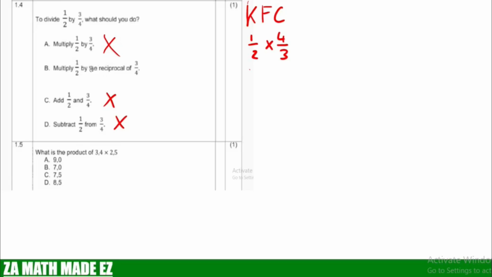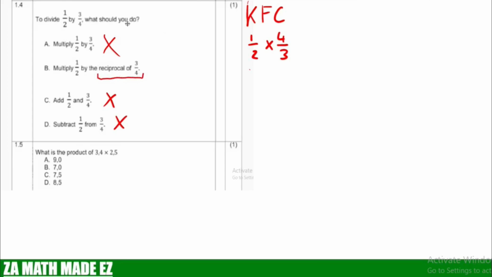Multiply a half by the reciprocal of 3 over 4. This is a half, and the reciprocal of 3 over 4 is 4 over 3. So this answer lines up with this answer. They just put reciprocal of 3 over 4 over here to confuse you on what a reciprocal means.